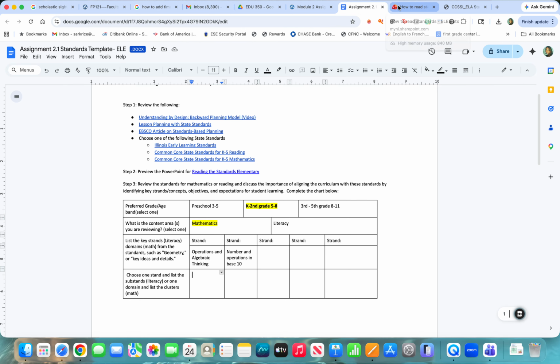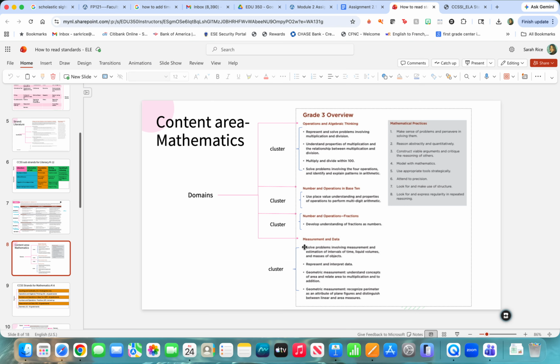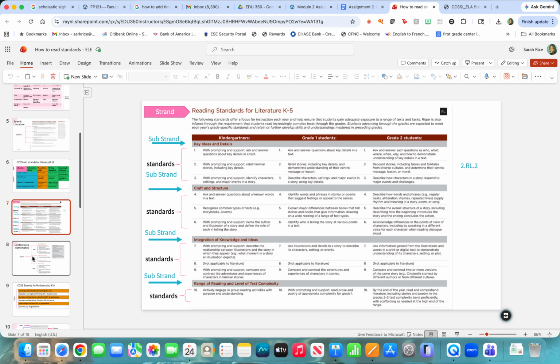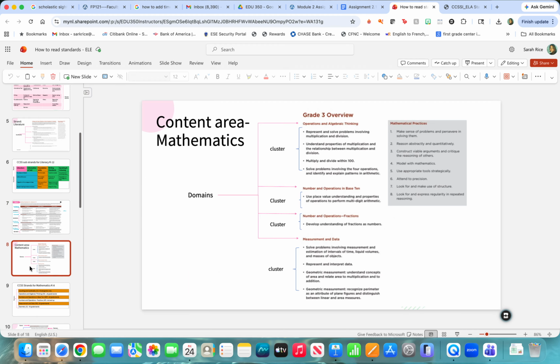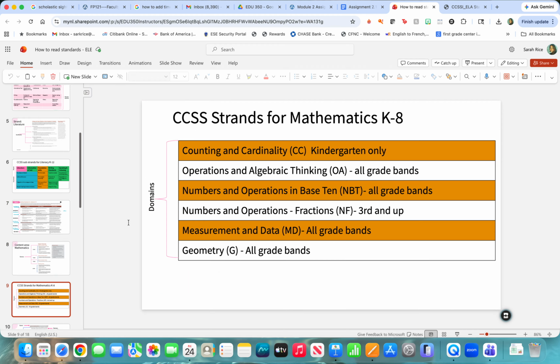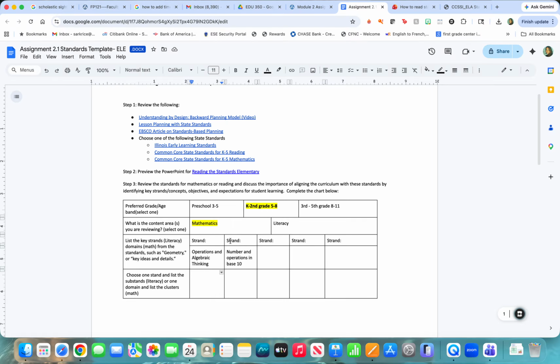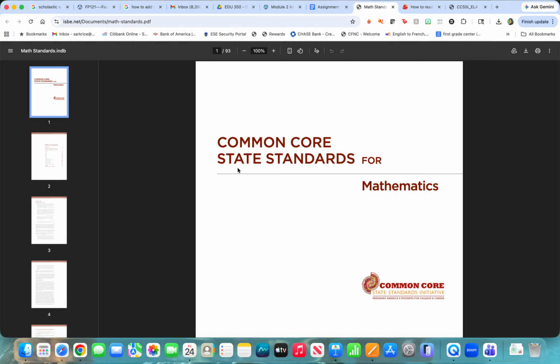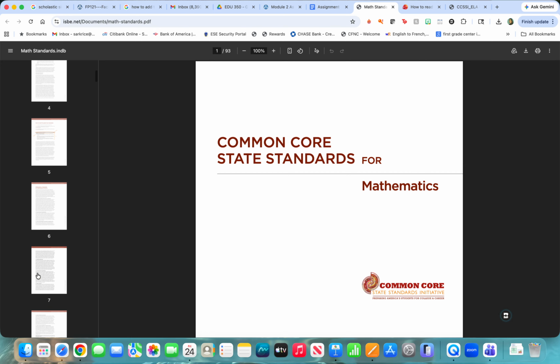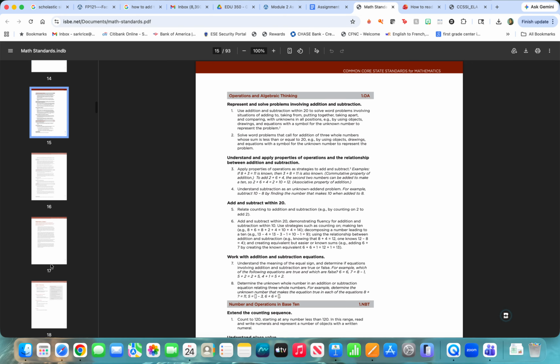So you have to think about the grade that you're choosing, right? If you're choosing kindergarten, counting and cardinality is also in there. So this is just an example from grade 3. You need to use your specific standards. So let's say I'm doing grade 2. I'm going to go into second grade.